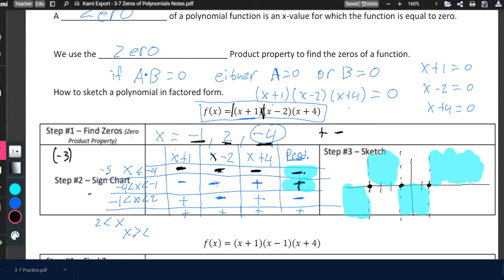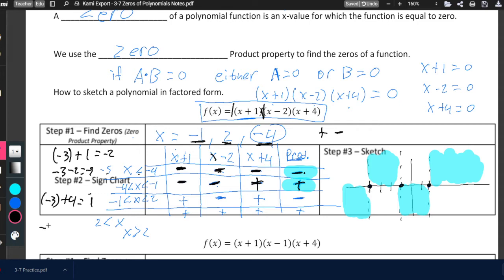So doing the same thing as before, it'd be negative 3 plus 1. We get negative 2 out, so that's a negative number. Then we can do the same thing: negative 3 minus 2 gives us negative 5, also a negative number. But if we did negative 3 plus 4, we get a positive number out. We get 1, so because of that, it's positive. We can pick any number in this range.